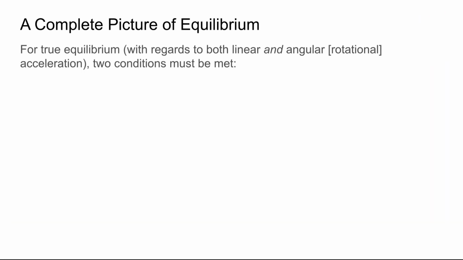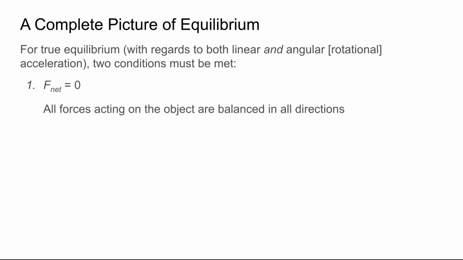All right, now that we have discussed torque, we can have a complete picture of equilibrium. For true equilibrium with regard to both linear or translational acceleration and angular or rotational acceleration, we actually need two conditions met. The first is what we've always known: net force needs to equal zero, right?